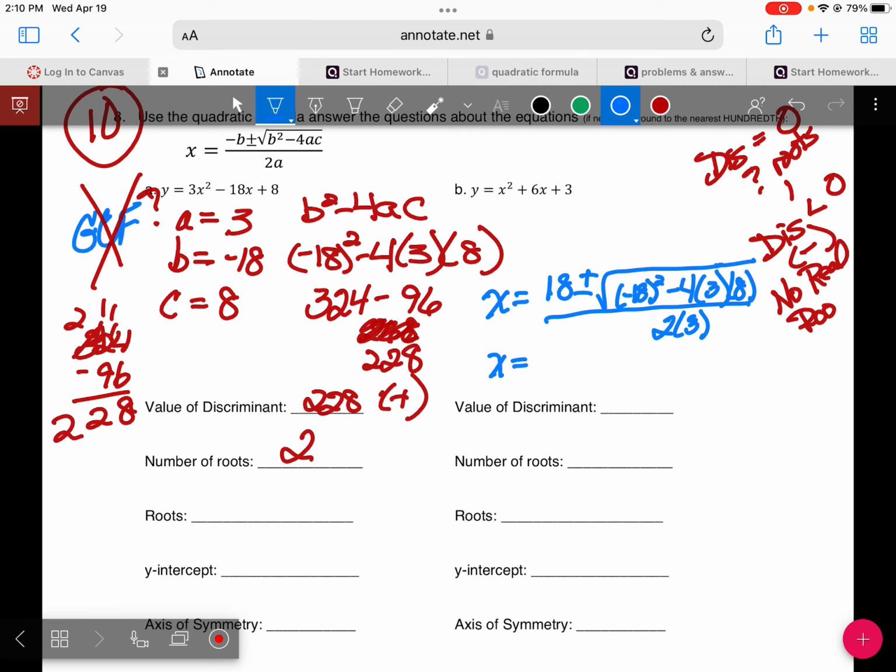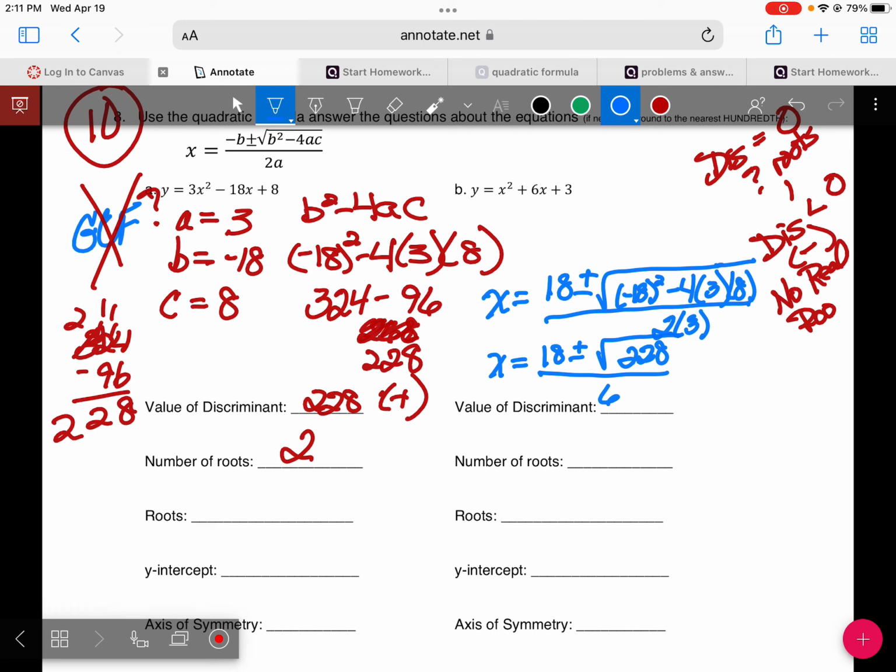X equals, simplifying, 18 plus or minus the square root of 324. Well, actually, we already found that. We found the discriminant to be 228. So I'm going to say the square root of 228, all divided by 6.